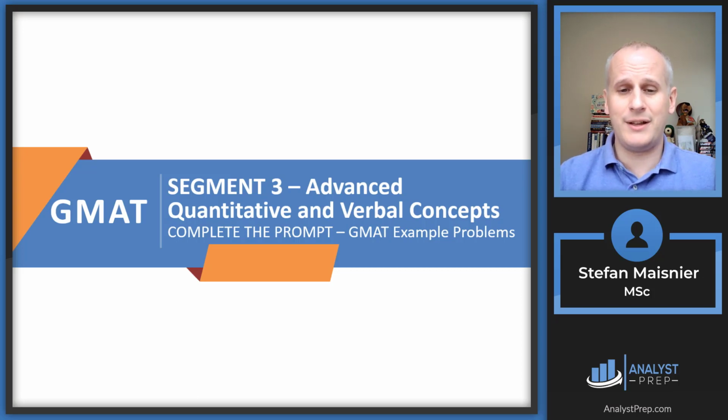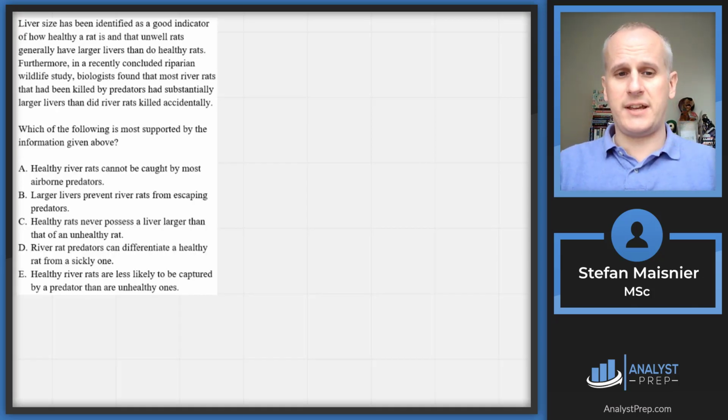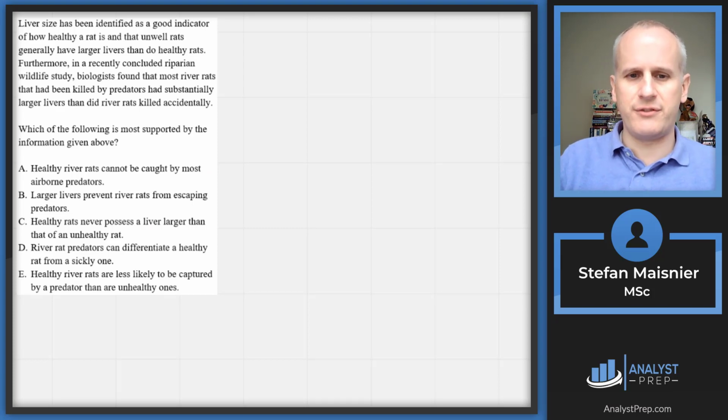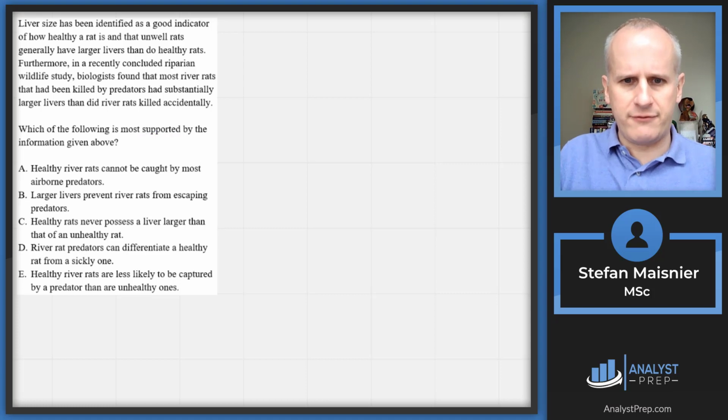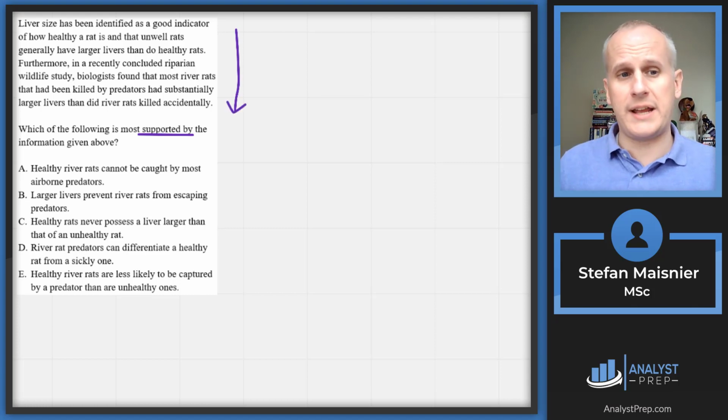So let's go ahead and do a couple of examples, starting with a support example on the whiteboard to illustrate these processes live. We have a sample question here on the whiteboard that is asking which of the following is most supported by the information given above. So in this question, the prompt is intended to support a choice.